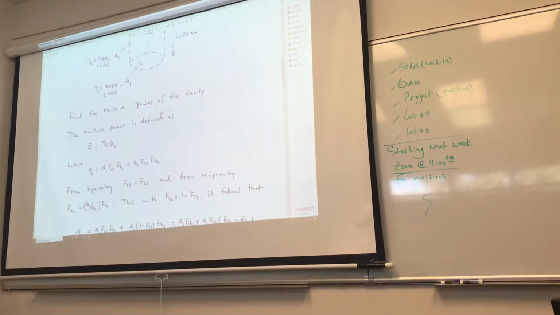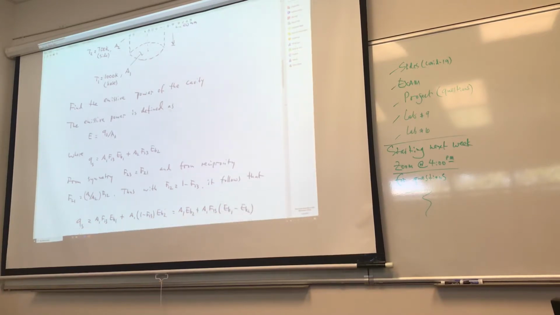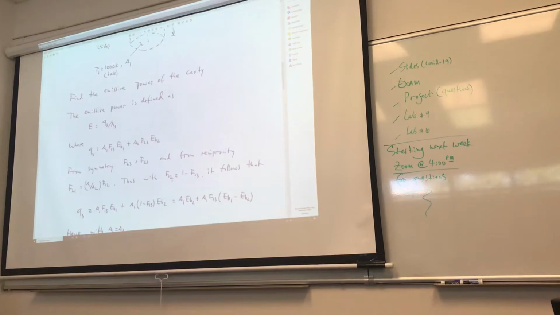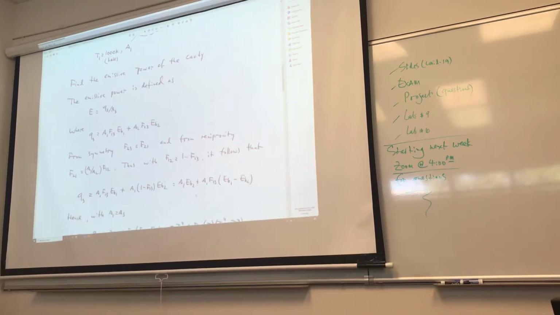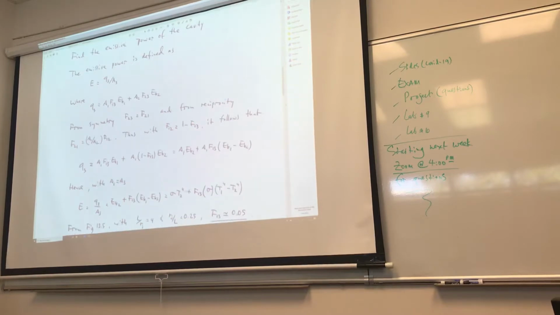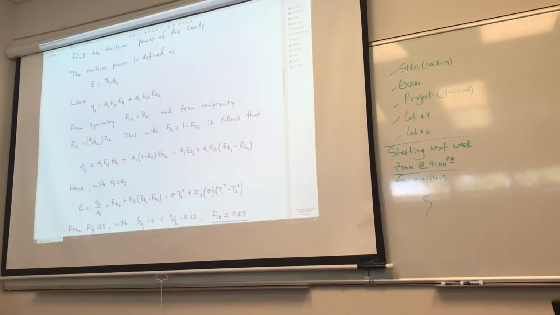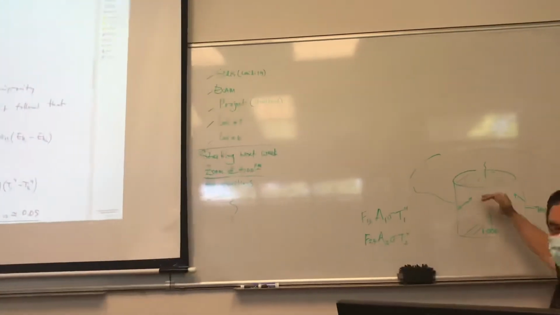In other words, F21 is equal to A1 over A2 times F12, and then using the fact that F12 is equal to 1 minus F13, now you just plug in all the values, because it's just a matter of finding what the F's are, right? Now, we have the equation, which is a function of T1 and T2. Everything is known. The only one that is not known is really F13, right?